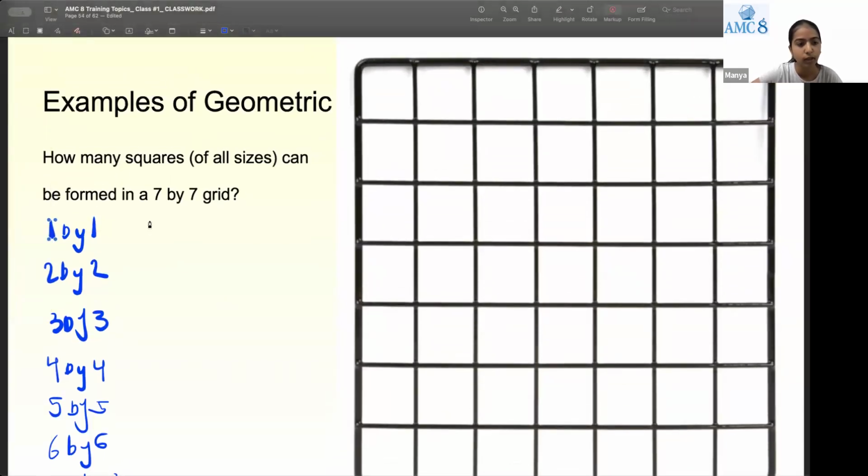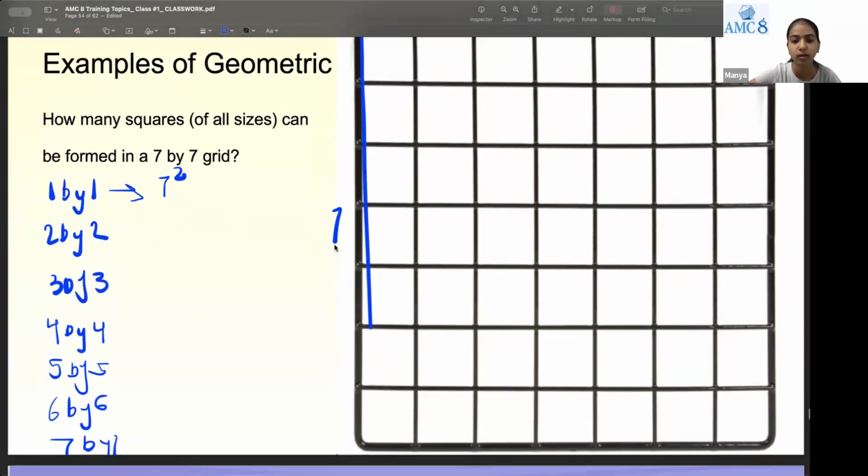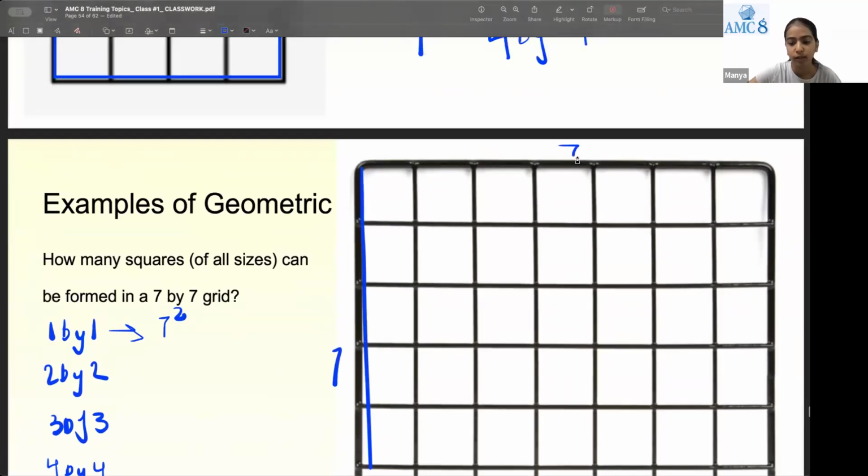So if you look here, this is a 1 by 1. For 1 by 1, we know that there's going to be 7 squared 1 by 1s here. This is 7 by 7, therefore, there's 49 squares here.